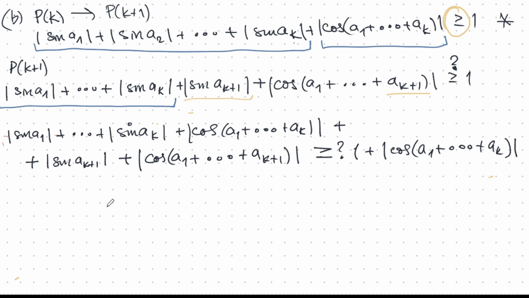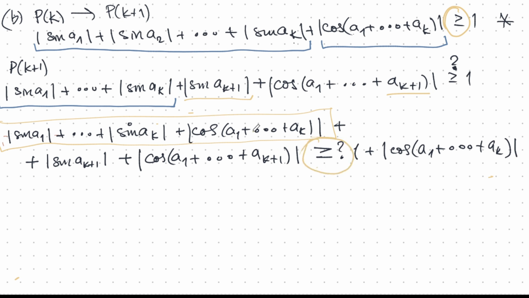Okay, so now I can apply my Pk because this is Pk. So this is going to be greater than or equal to 1. So if I replace this by 1, then I'm okay. Now this is a very subtle point.